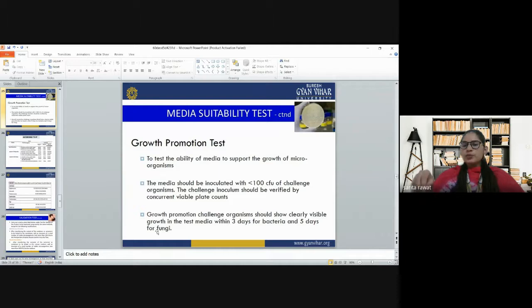The media should be inoculated with less than 100 CFU of challenge organisms, and the inoculum should be verified by a viable plate count. The challenge organisms should show clearly visible growth in the test media within 3 days for bacteria and 5 days for fungi.